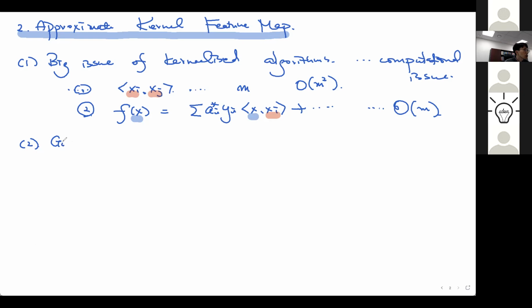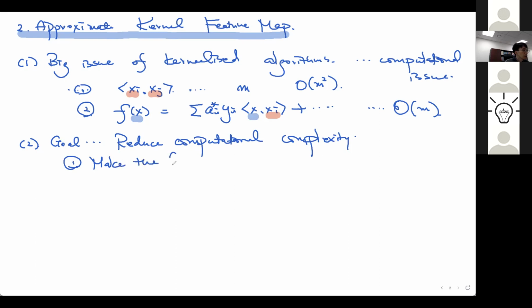So what is the core? One approach to do so is to make the feature space explicit, and then in some sense work on the primal form.